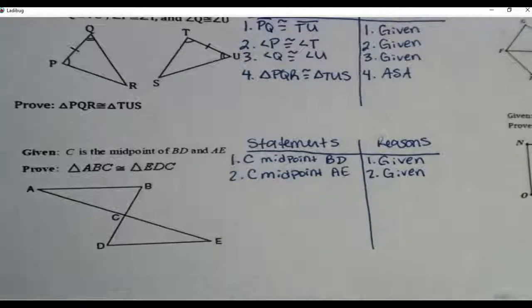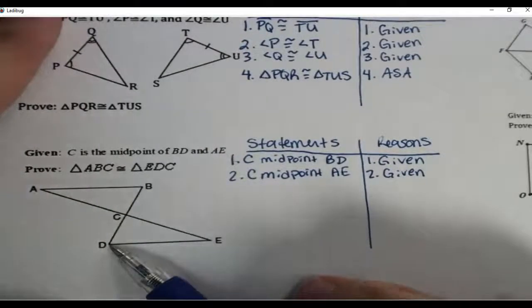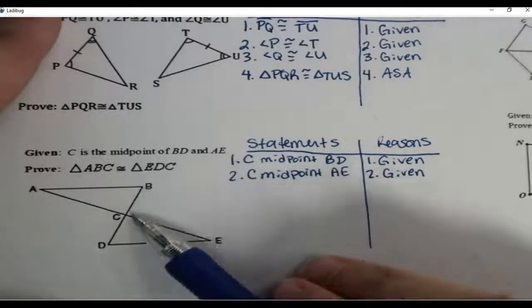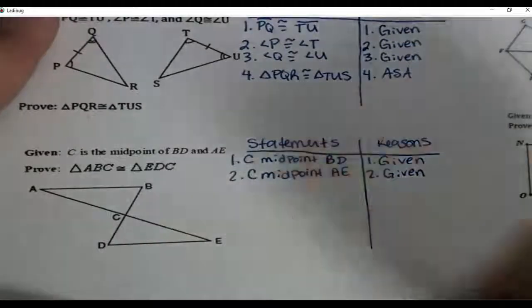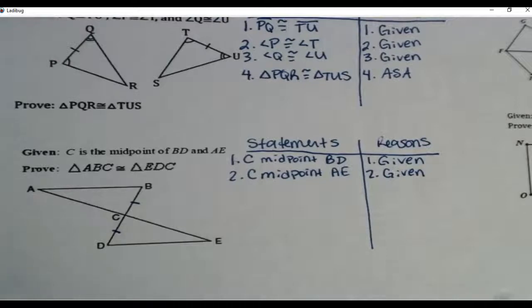So, what does it mean for something to be a midpoint? What is a midpoint? Yeah, so it's in the middle. It's halfway between the 2 points. So if it tells me C is the midpoint of BD, what does that mean about the side BC and the side DC? They equal each other. Good, because C is in the middle. So that's the next thing we want to say.